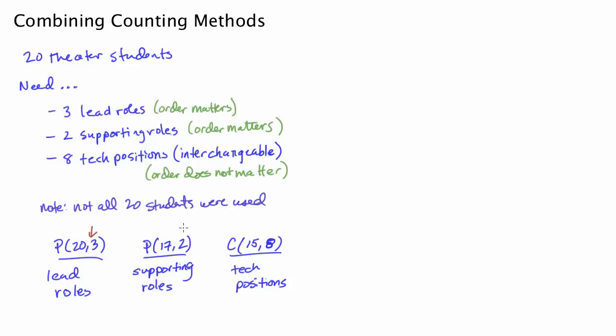Here is 3, and 2, and 8, for a total of 13 students chosen. Now, the question is, what do I do with each of these? Well, because it's a slot diagram, I should be multiplying these. This has to be true, and this has to be true, and this has to be true. So it's a multiplication rule problem. I need to multiply each of these together.